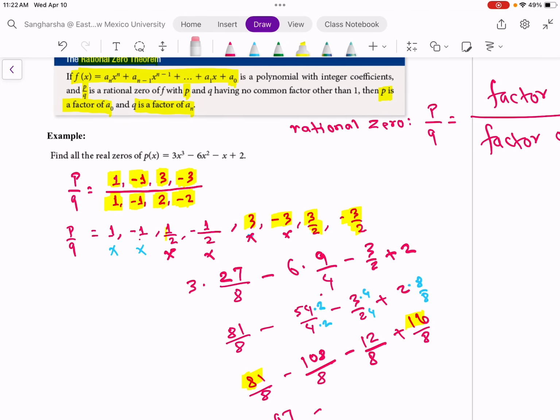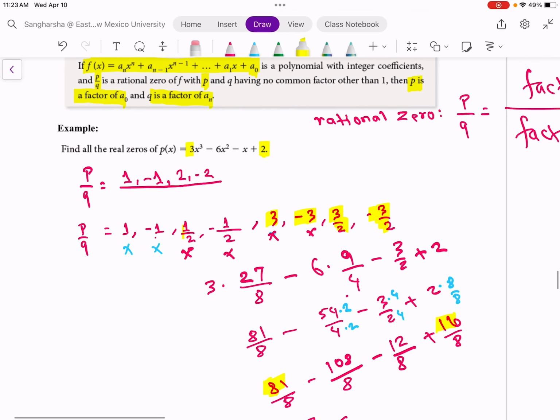So P is the factor of the constant, which is 2. So the factors of the constant 2 are 1, negative 1, positive 2, negative 2. Okay, our Q is the factor of the coefficient of the leading term 3.